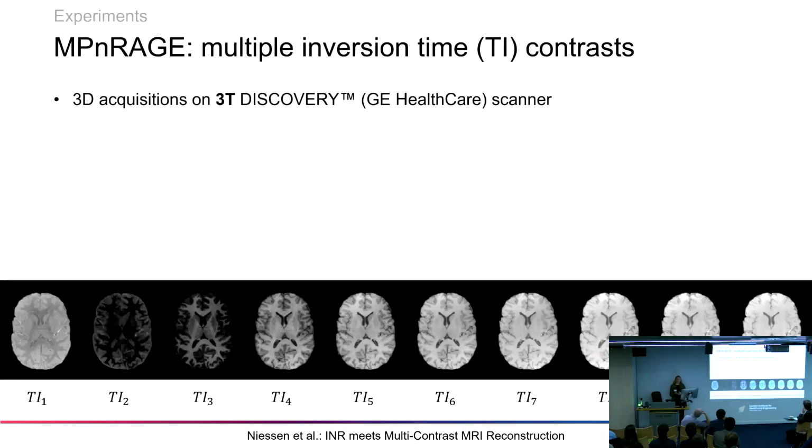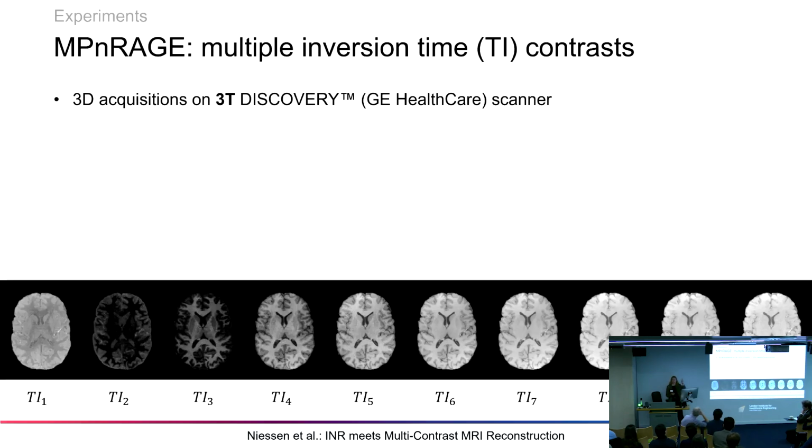Okay, so now let's look at how we evaluated our method. We evaluate this on an MP2RAGE data set that we acquired ourselves, and it's a multiple inversion time sequence. We acquired 3D data.